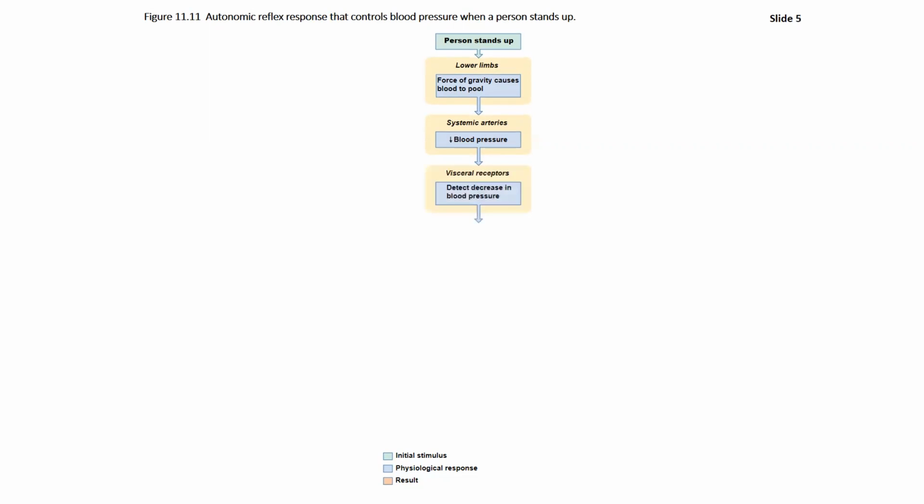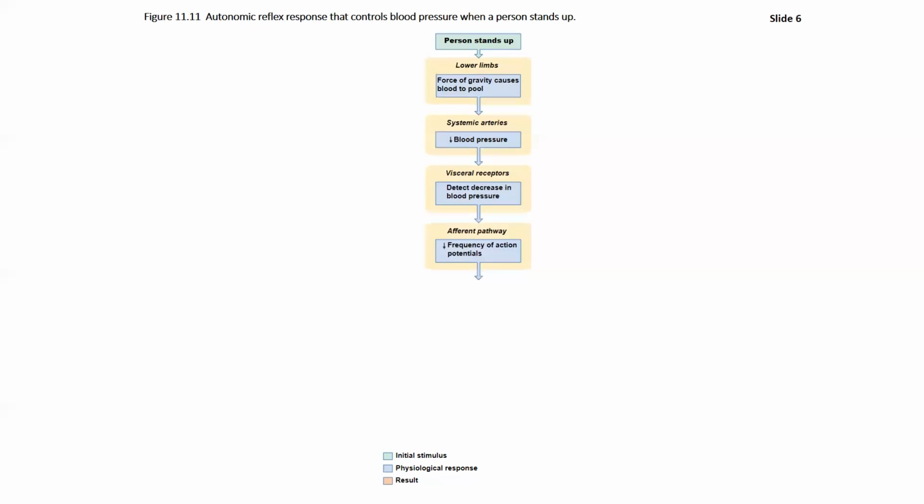Okay. Now, the visceral receptors that are present on some of those other vessels in the body will detect that decrease in blood pressure. So these visceral receptors, let's say in your arms or in your thorax, will detect that there's a decrease in blood flow and register that as a decrease in blood pressure.